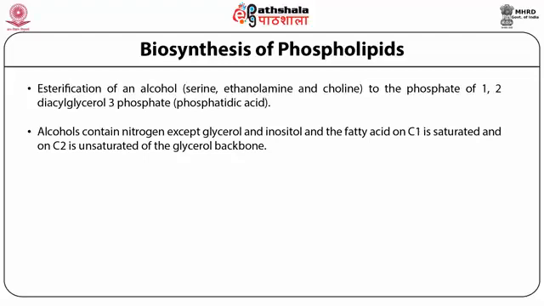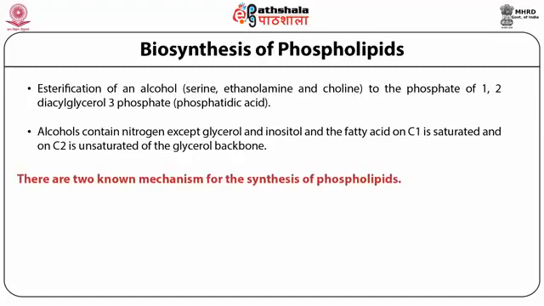The main classification of phospholipids are phosphatidylcholine, phosphatidylethanolamine, phosphatidylserine, phosphatidylinositol, phosphatidylglycerol, cardiolipin, diphosphatidylglycerol, and there are two known mechanisms for the synthesis of the phospholipids.